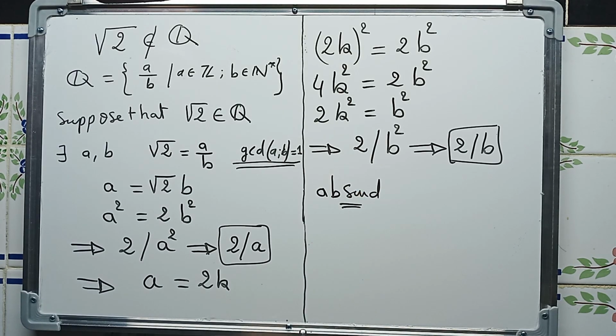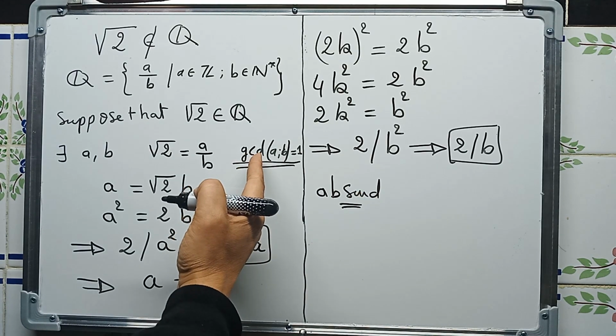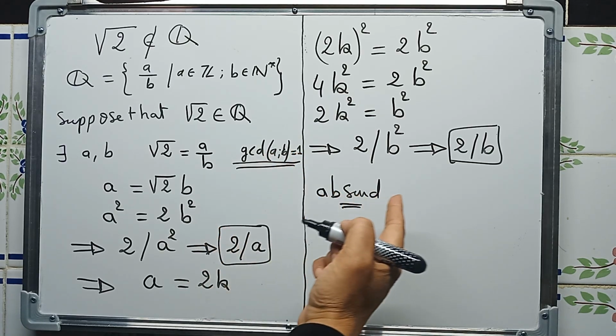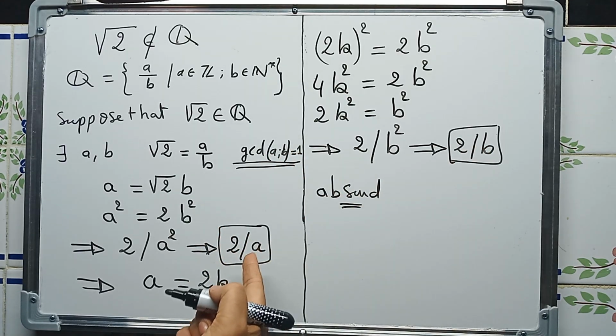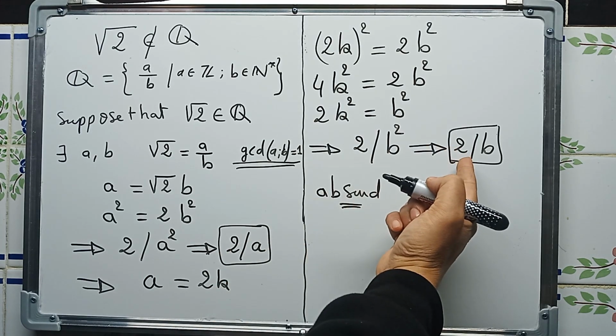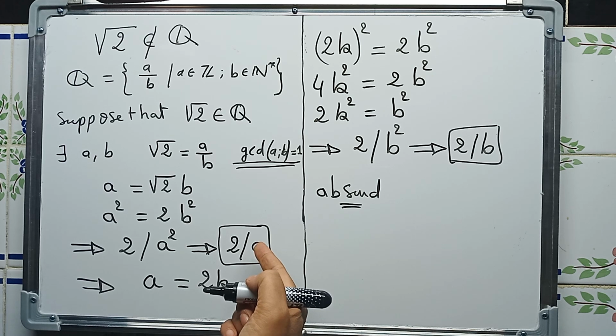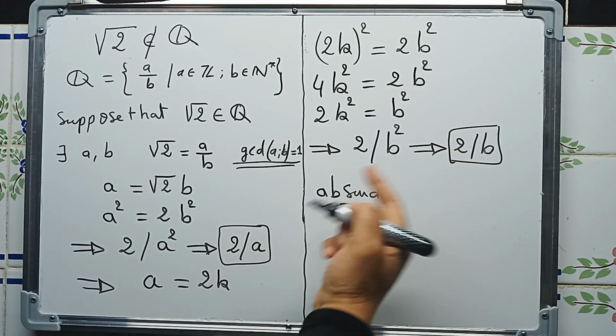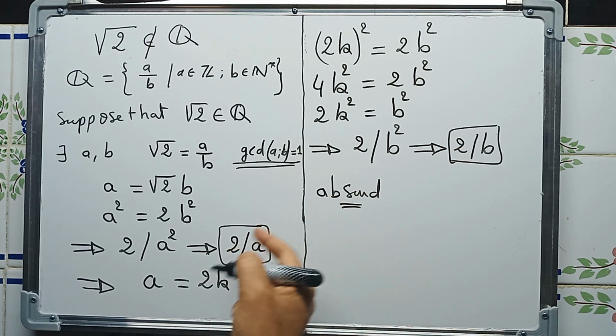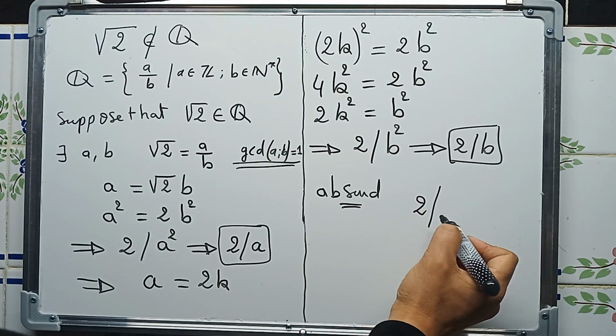It can't be that the GCD of a and b equals 1 and at the same time 2 is a divisor of a and b. Because every common divisor of two numbers, we know by number theory, will divide the GCD.